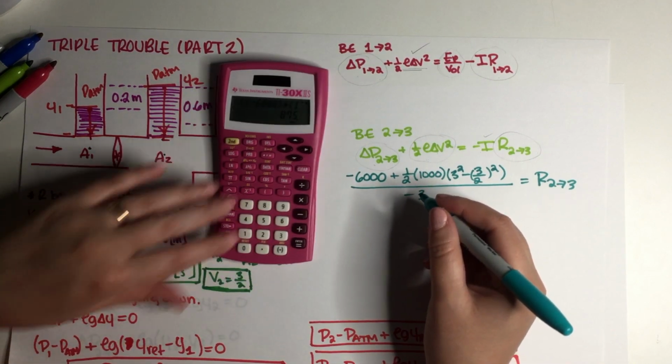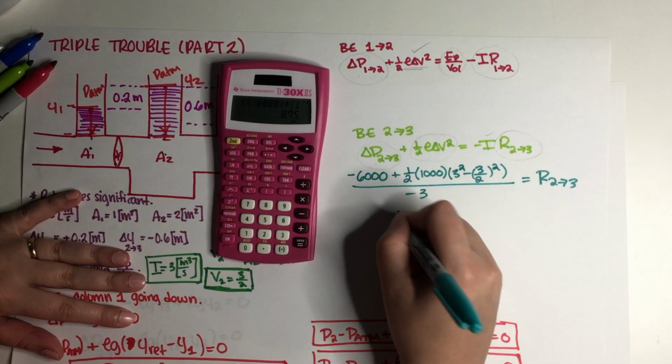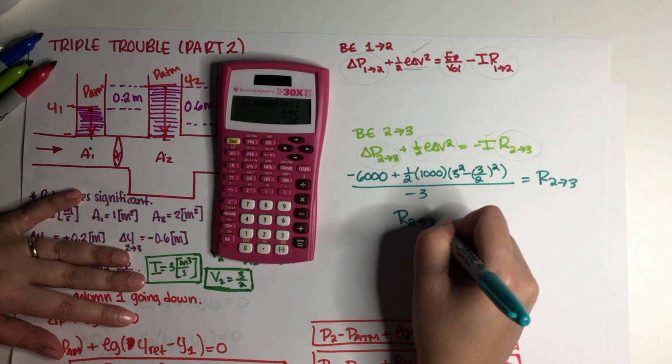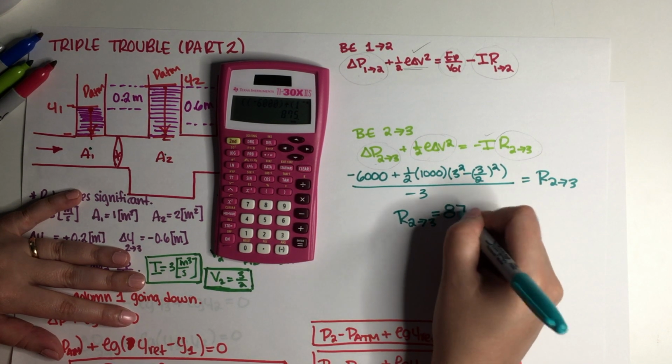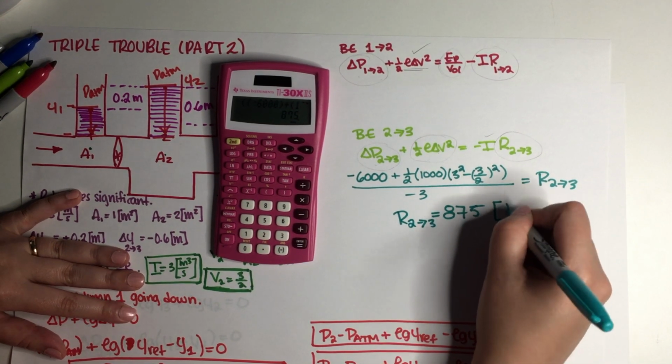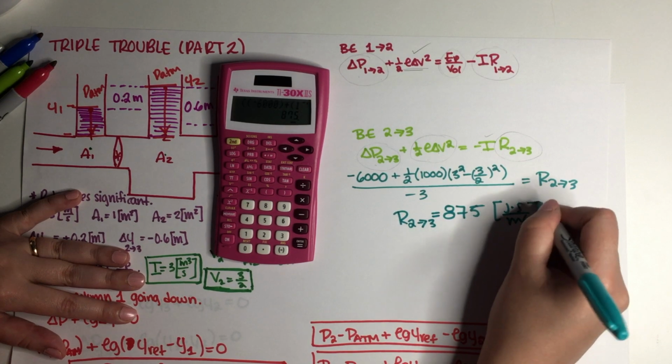So R from 2 to 3 is equal to 875 joules seconds per meter to the 6.